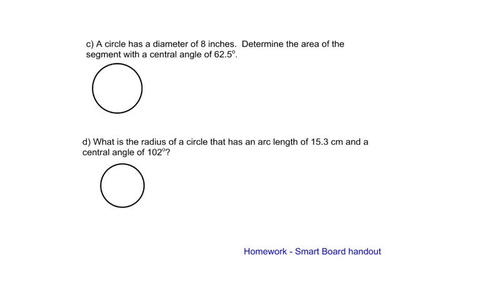So now we're going to deal with a diameter of 8 inches, and we're going to determine the area of the segment with a central angle of 62.5 degrees. Remember that the segment was always the most difficult one. We're going to start off with 1/2 r squared bracket pi over 180 theta minus sine theta end bracket. As usual, 1 mark for the equation. 1 mark for the appropriate substitution. Remember, the diameter was 8 inches, so r actually has to be 4.